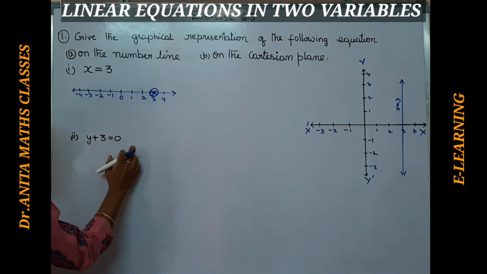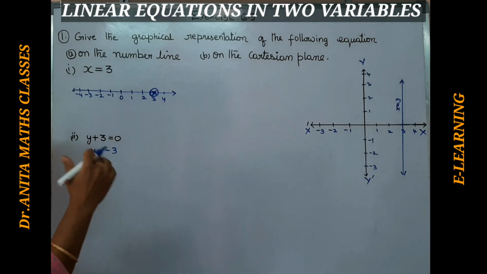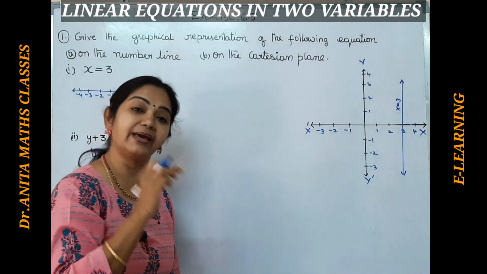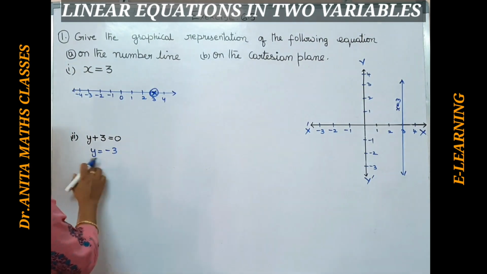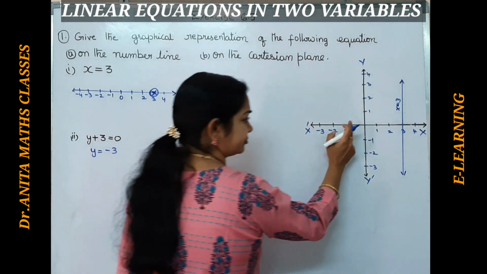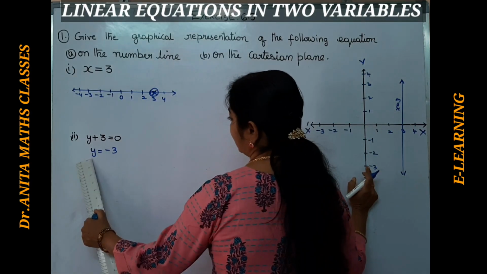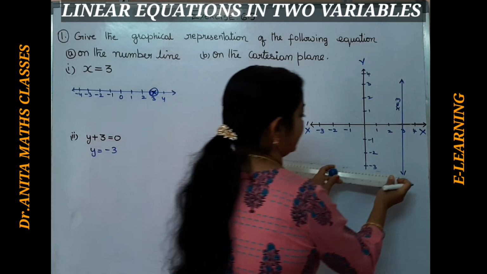Let us see the second one here. So here y equal to, if you shift this, it comes minus 3. So y equal to minus 3 is a line parallel to the x-axis. So the same thing, let us plot on this. This is the x-axis, a line parallel to the x-axis, and y equal to minus 3. So the line will be like this.